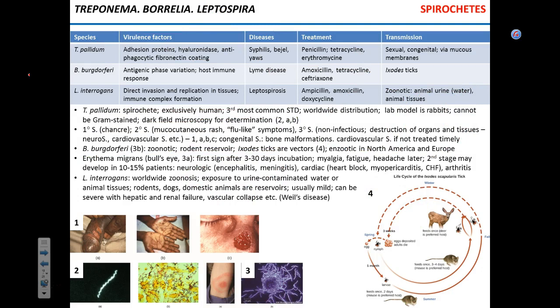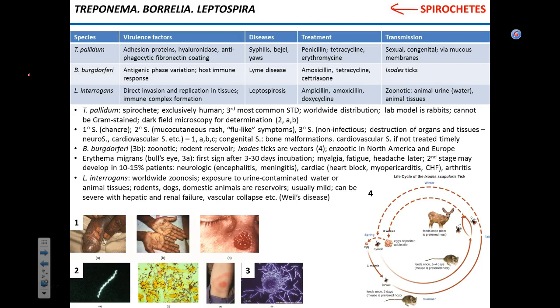Now, these three. So we talked about gram-negatives, right? And I told you that you need to know gram-negatives, gram-positives. So these are called spirochetes. These three microorganisms. And spirochetes belong to a special group of microorganisms.